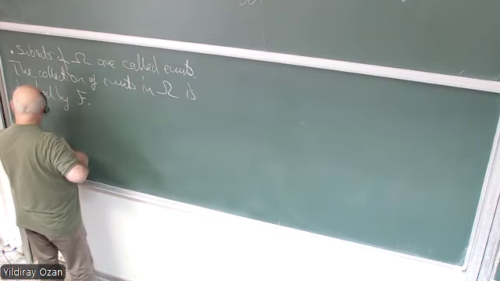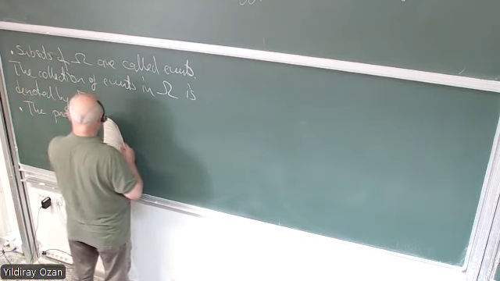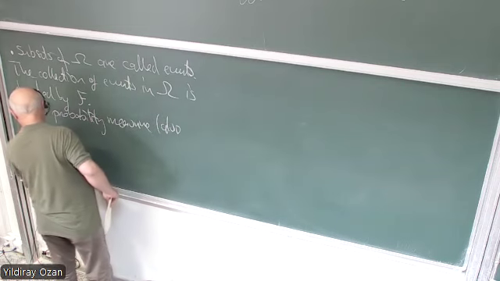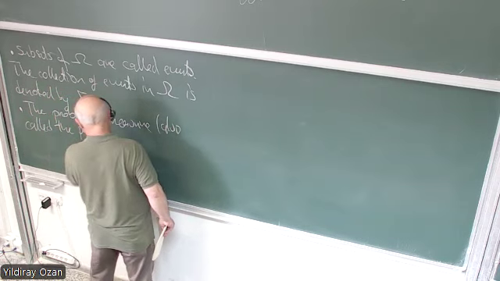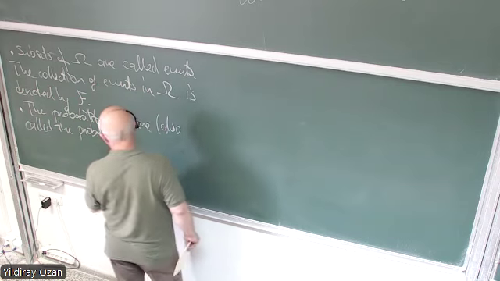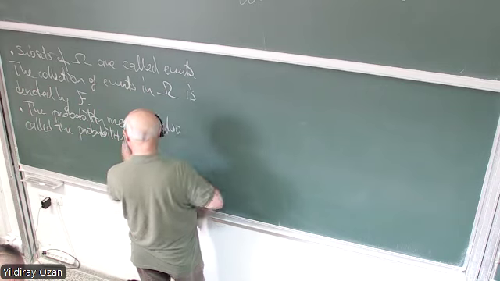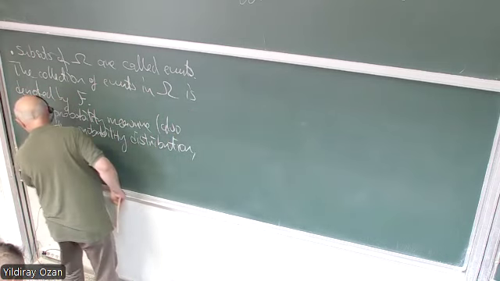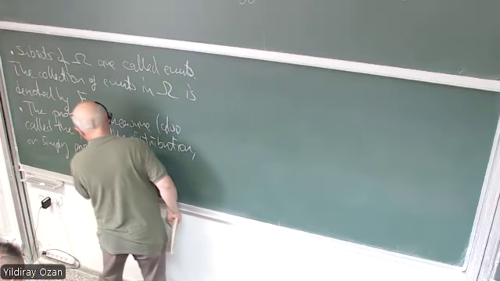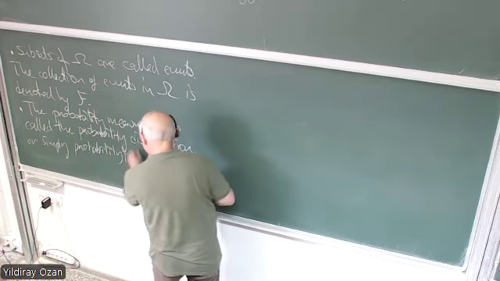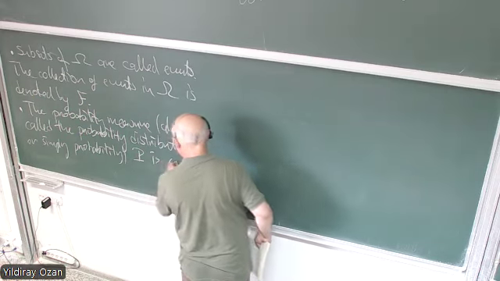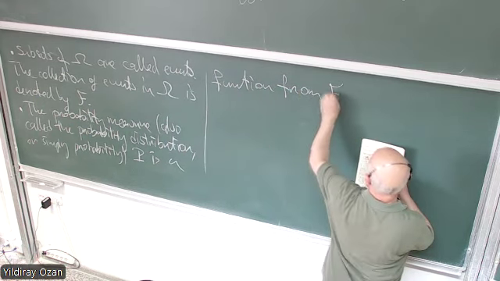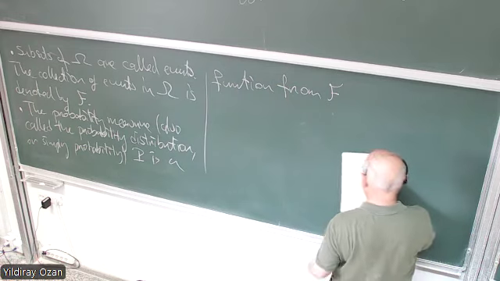So what's a probability or the probability measure? The probability measure, also called the probability distribution or simply probability, which we will denote usually by P, is a function from F, the space of events, into the real numbers.